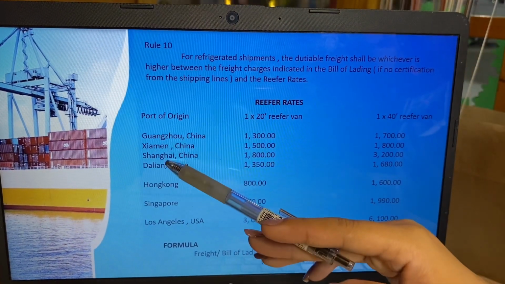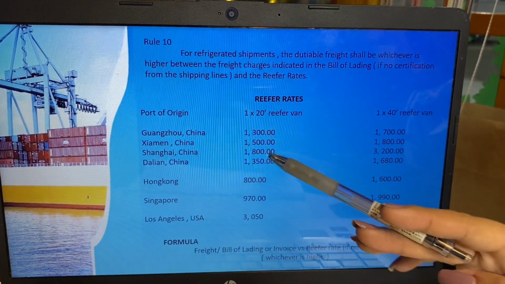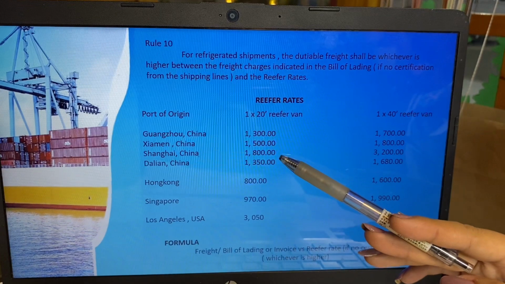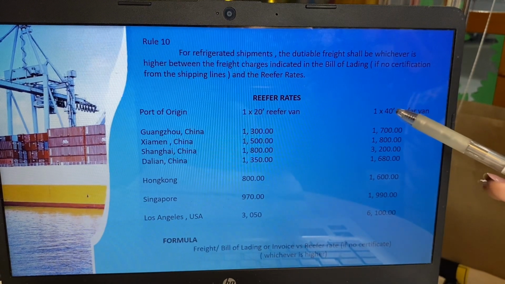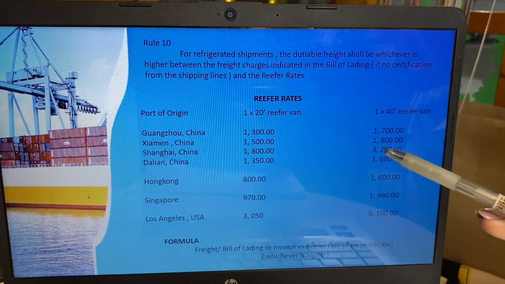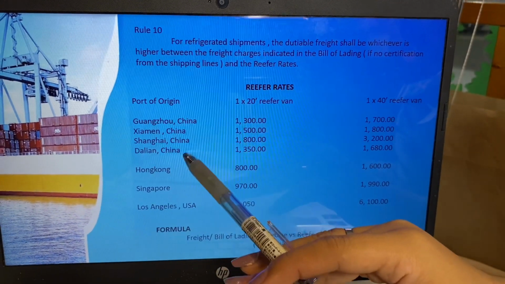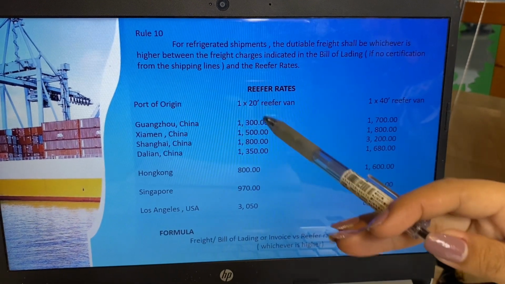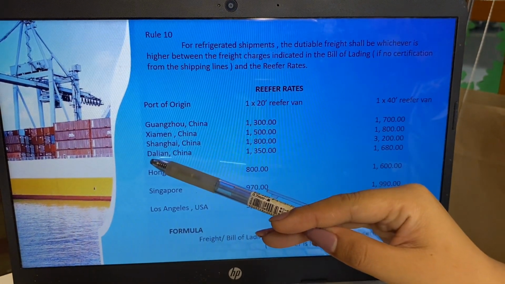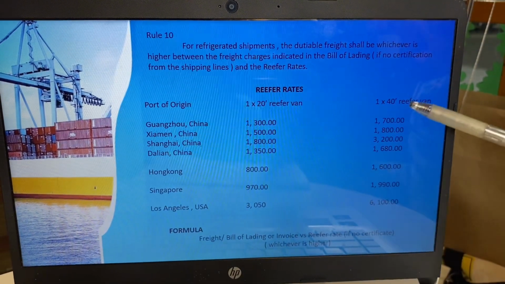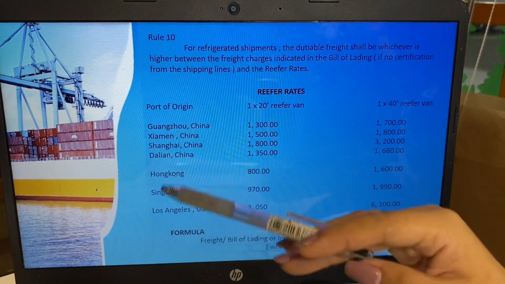If your port of origin is Shanghai, China, and you're using a 20-footer van, then your reefer rate would be 1,800. For a 40-footer van, it would be 3,200. If your port of origin is Dalian, China, with a 20-footer van, your reefer rate would be 1,350, and with a 40-footer van, 1,680.